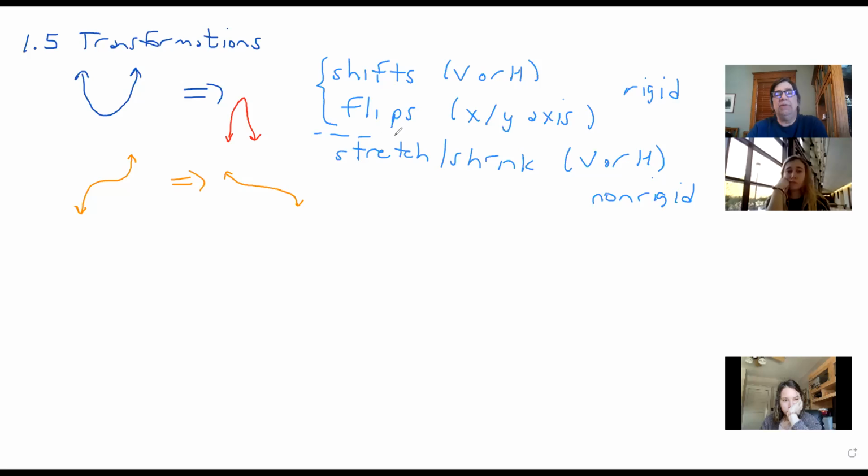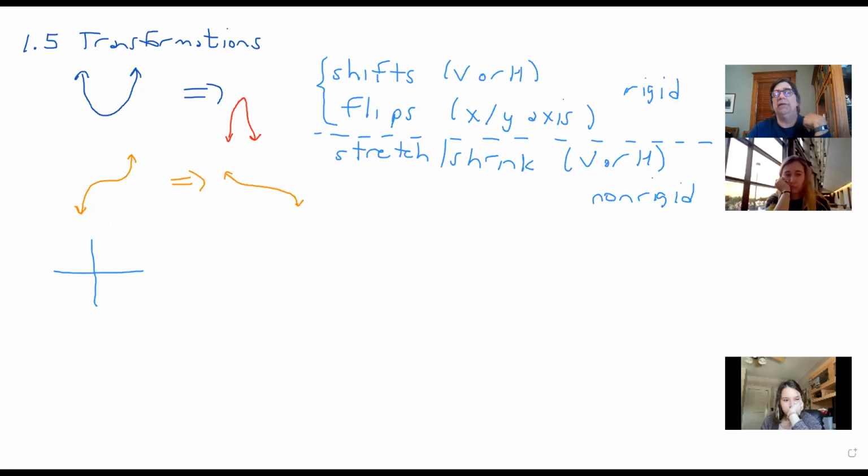So I kind of put these in two categories: rigid versus non-rigid. I think it's easier to understand how these vertical and horizontal shifts are going to work if you're just looking at a picture.